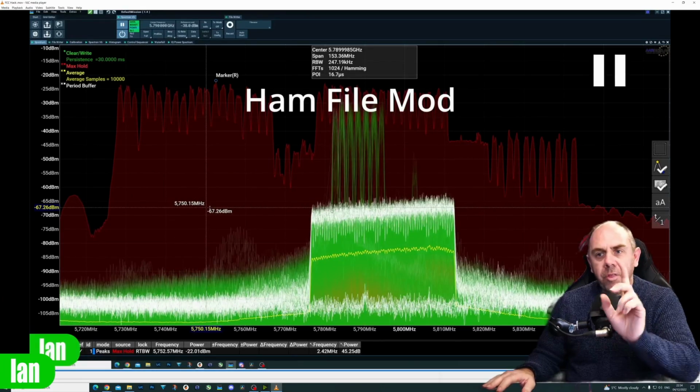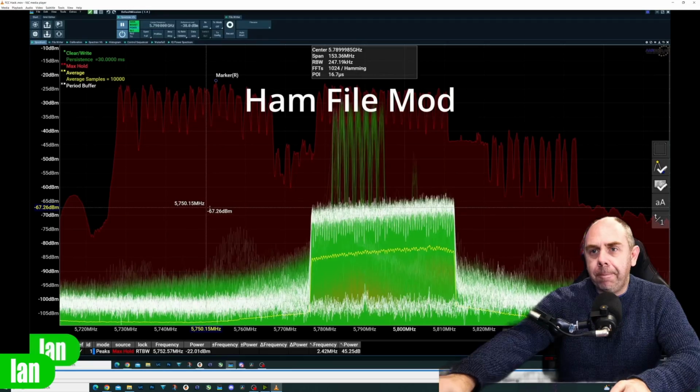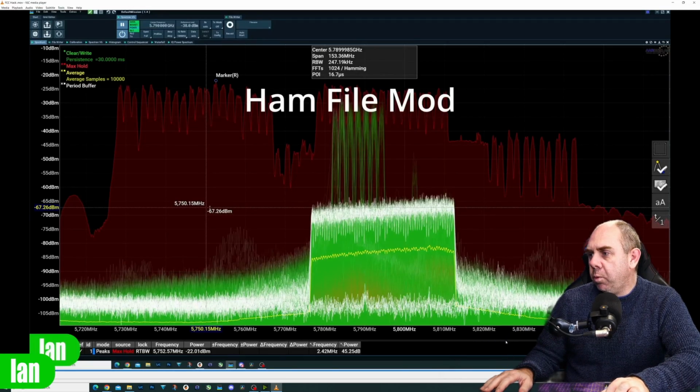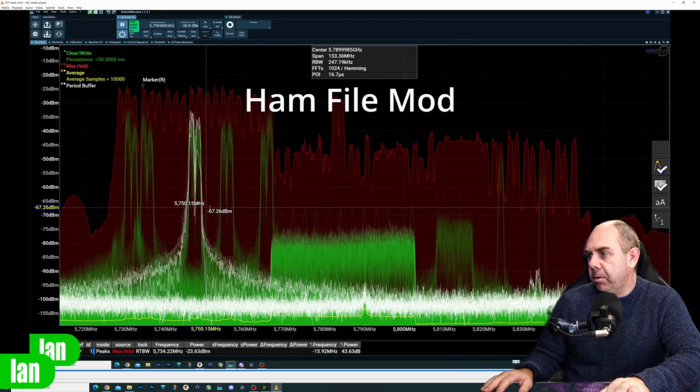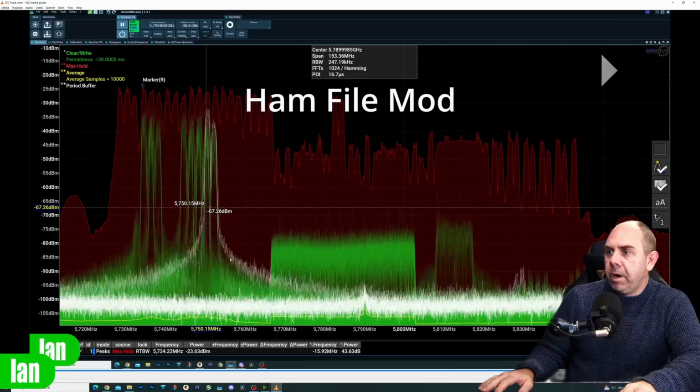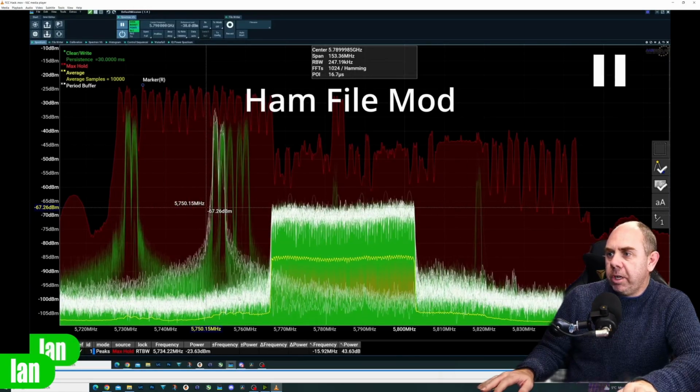So, at this moment in time, I don't believe the ham file is any more power than FCC. Maybe, but I have spotted something, and I need to investigate more, and I'm going to show you it. Just note, when we arm with the ham file, just watch. It's gone up to full power.